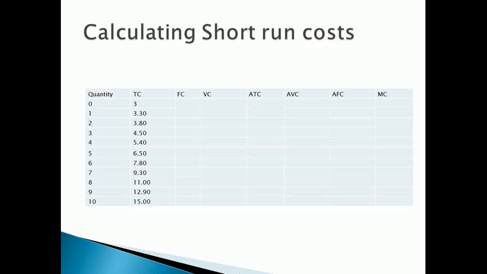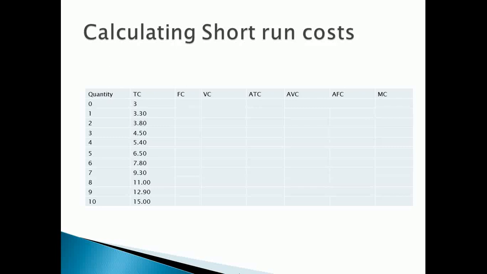Theory of revenue. What is revenue? It is the income that a firm receives when it sells all its products over a certain period. Now, for us to appreciate the theory of revenue and relate it with the theory of cost, we must understand these simple formulas. Total revenue is price times quantity.